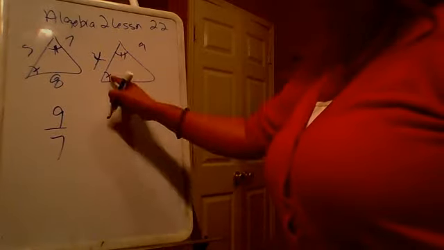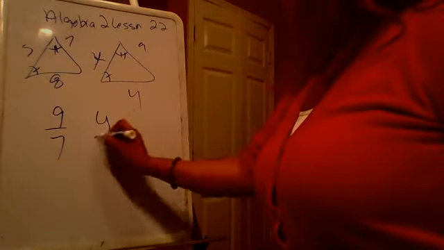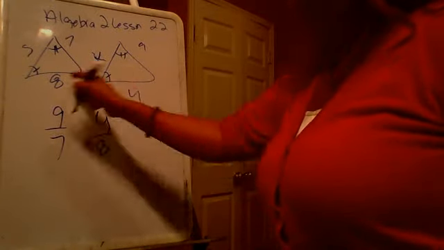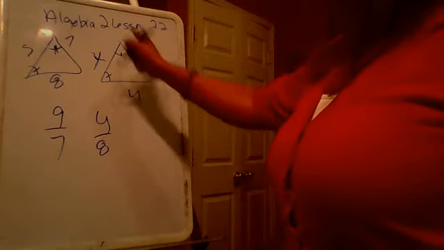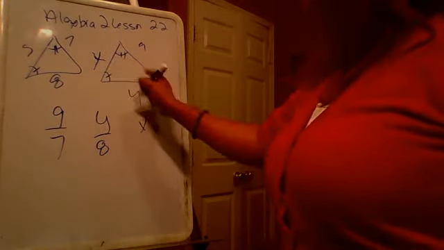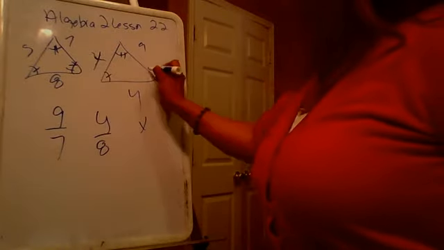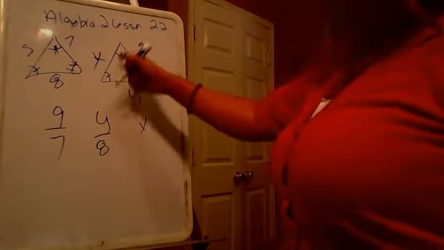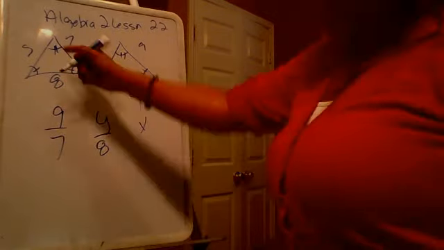Then we said this is y to 8. This triangle, large triangle to small triangle. And then x, then these are equal, right? This is our rule. We said if two of the angles are equal, then the third one's equal. So x to 5. Okay, so now we've got 3 different proportions, 3 different ratios.